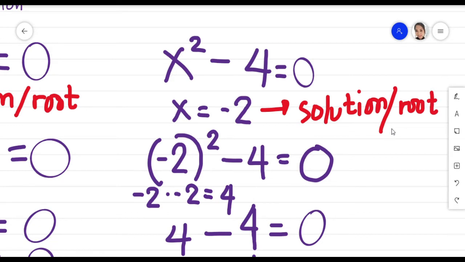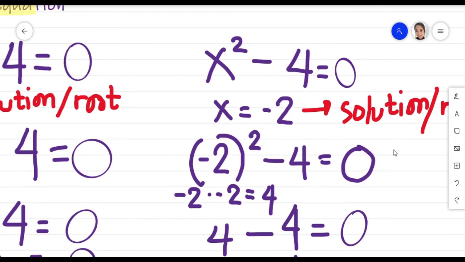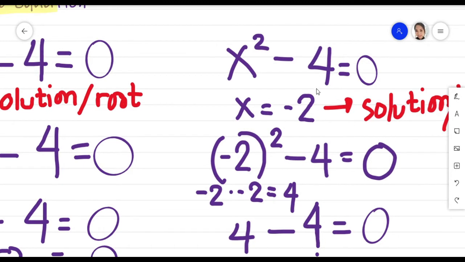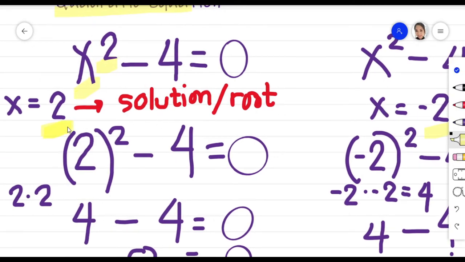Kung mapapansin ninyo class, we have two solutions or roots. Ito yung -2 at saka yung +2. Right?